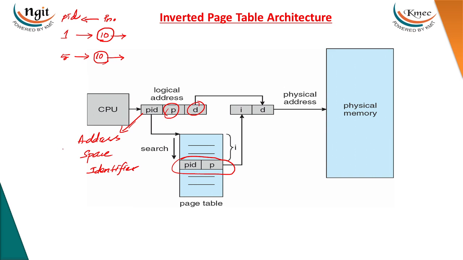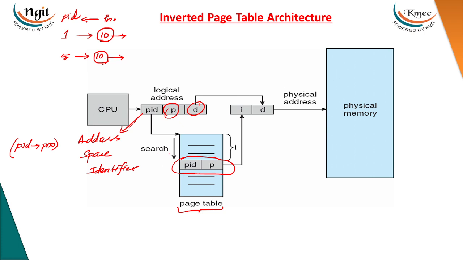Whenever the logical address is referenced, we take first the process ID, followed by the page number, make a pair of these two, and search the inverted page table.